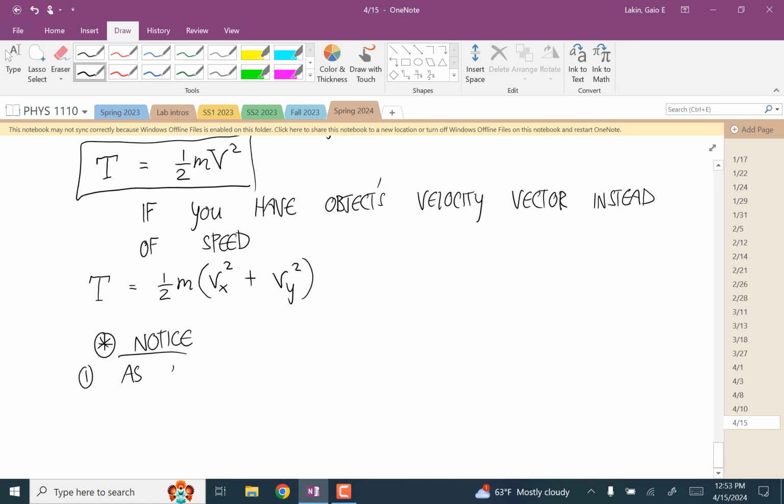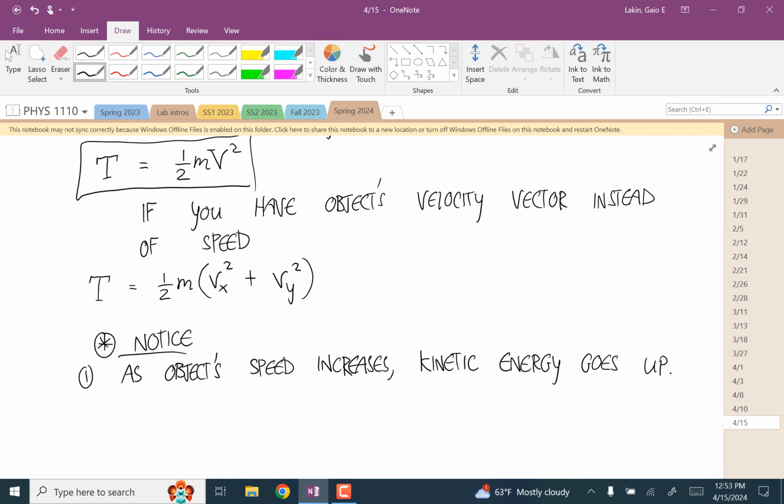As an object's speed increases, its kinetic energy goes up. Okay, so you can, in your head, relate speed and energy that way.